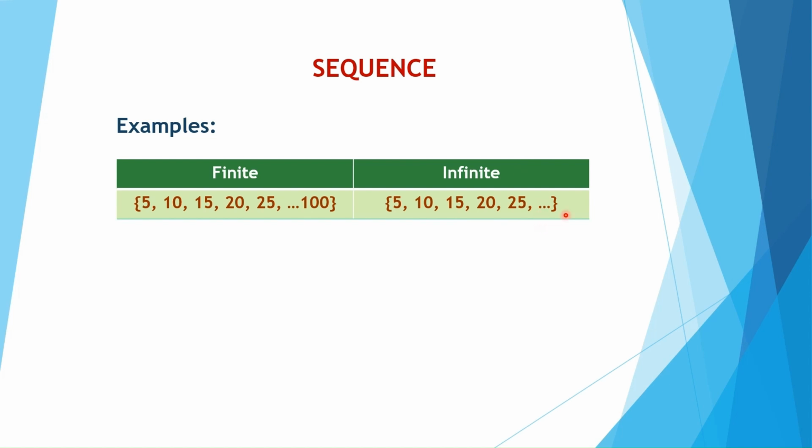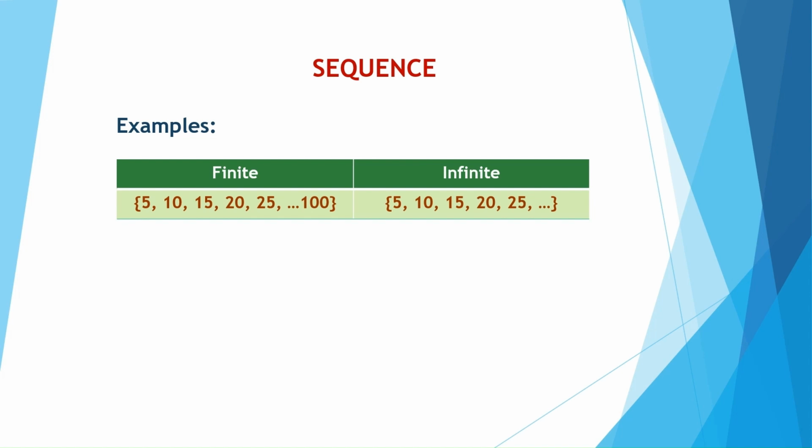Why? Because the last number is unknown. It means it has no stop, and so the sequence continues endlessly. The 3 dots at the end of the sequence represent an ellipsis, which means the sequence continues indefinitely.